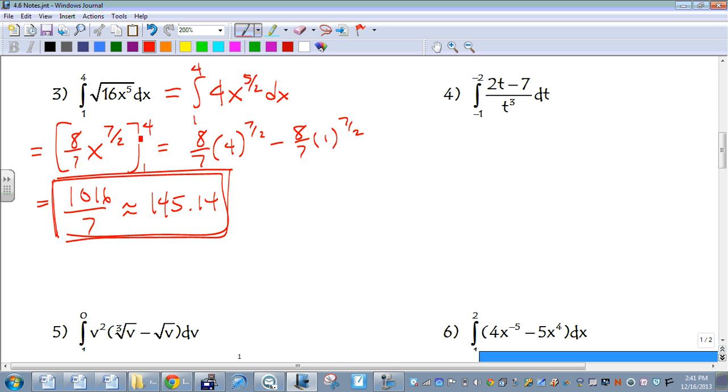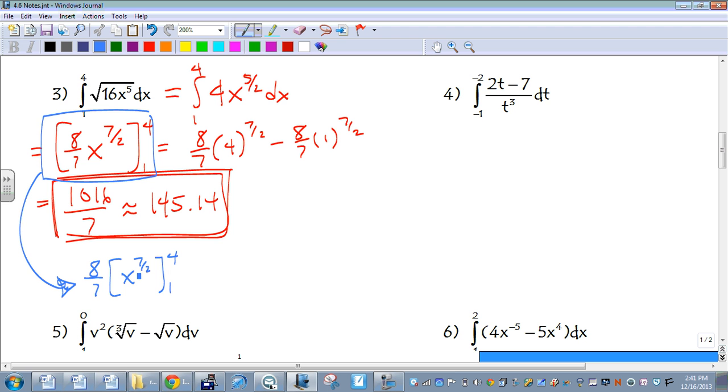Now, one thing you can do also with this type of problem is at this step, we can actually go ahead and do it slightly differently than we did up here. That constant can be pulled out. So that 8/7, we could evaluate it like this, times x to the 7 halves.